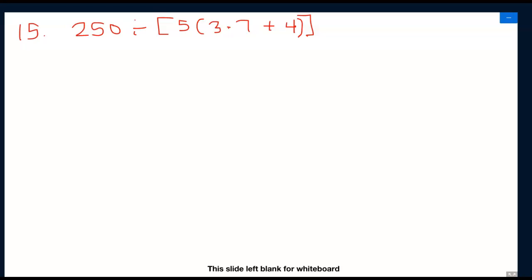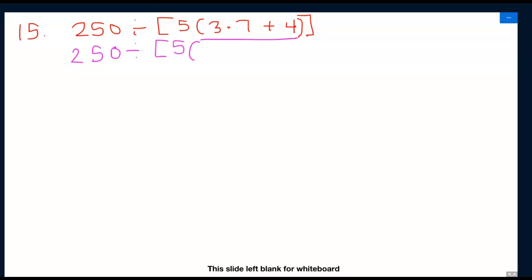All right. So what that means in terms of order of operations is that we have to look at the innermost parenthesis first. So when you have order of operations and you have parentheses, you always start with the parenthesis inside the other parentheses. So we have 250 divided by 5.